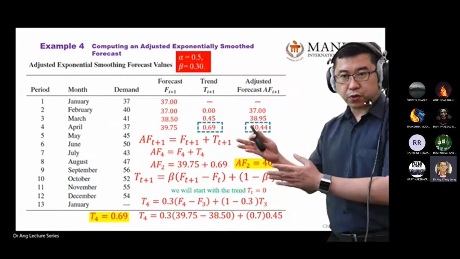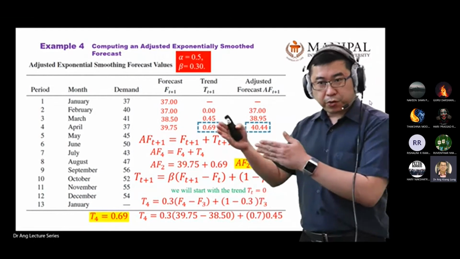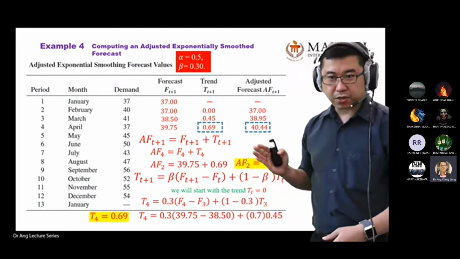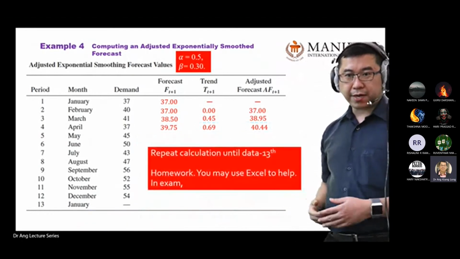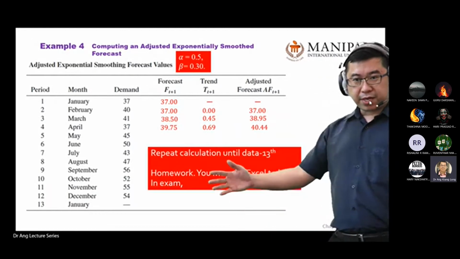I showed you four example steps, step by step. You repeat the same for this column and this column as your homework. Repeat until 13 data. You can use Excel.